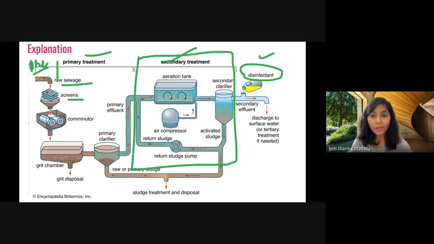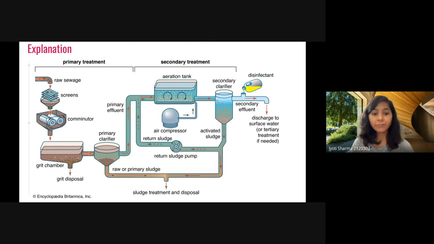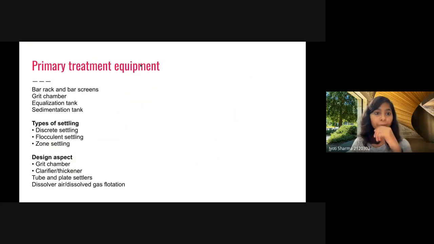So with the help of microorganisms we treat the water. Mostly the focus will be on this secondary treatment and a little bit about disinfectant if time allows. So this is a brief of what we will discuss today.